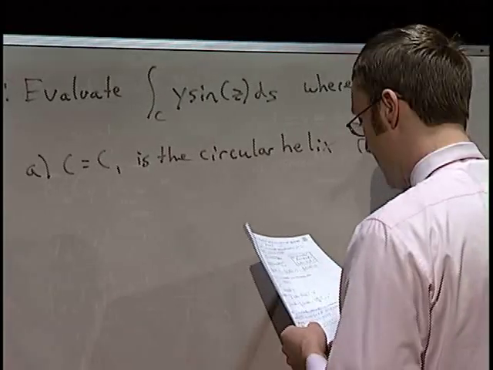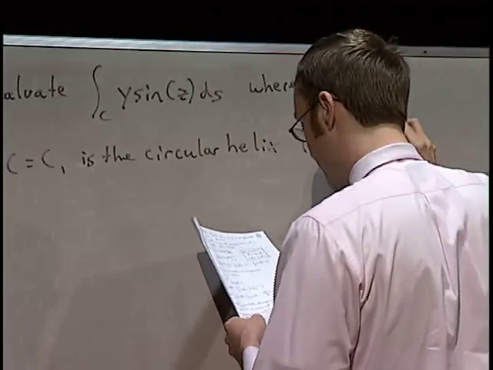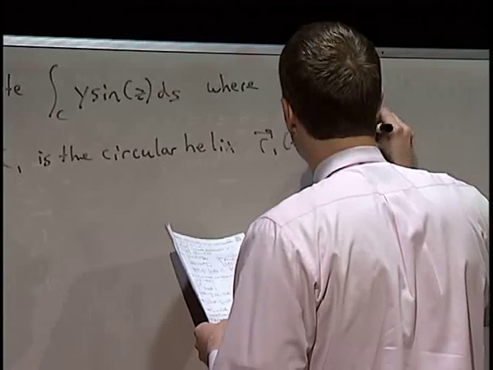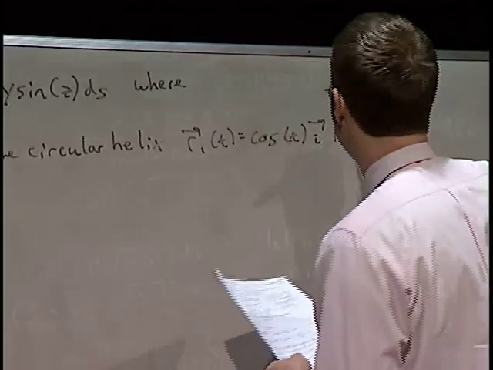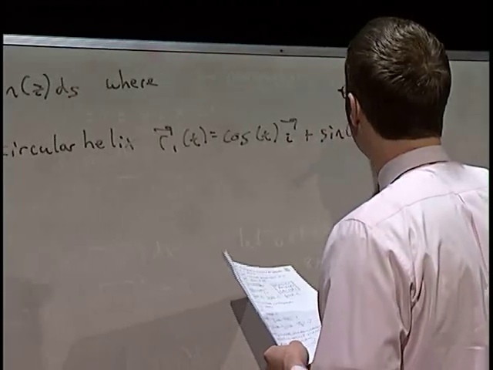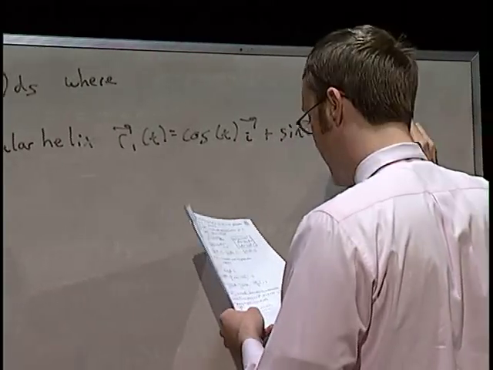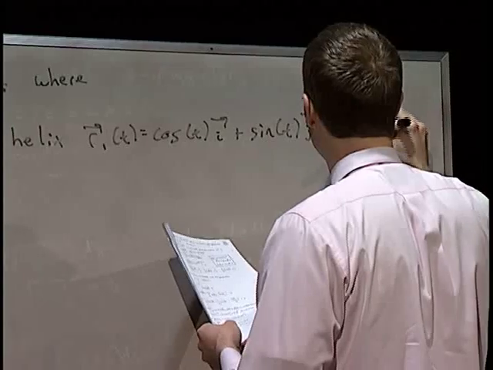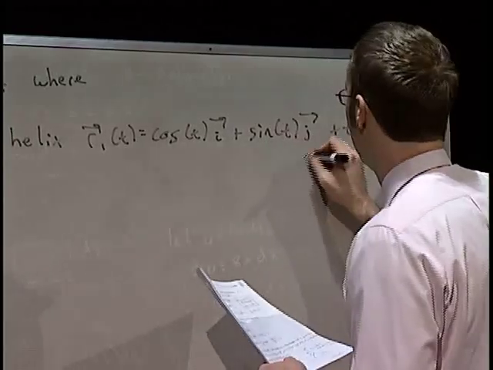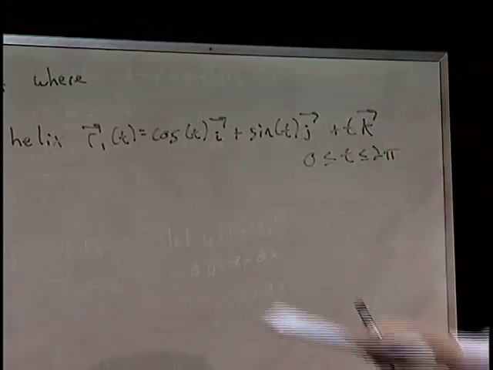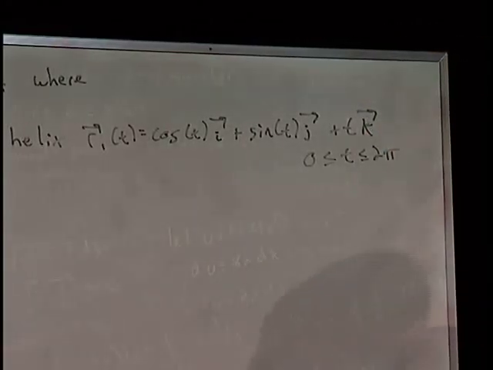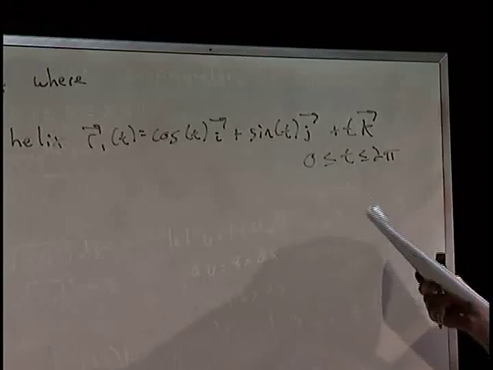R1 of t equals cosine t i plus sine t j plus t k between 0 and 2 pi. So that'll be the first C I'll integrate over, okay, as a circular helix.